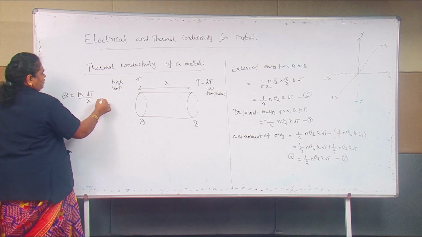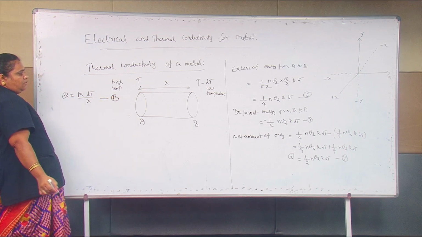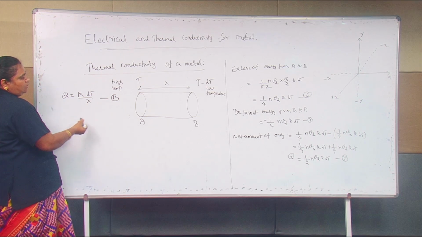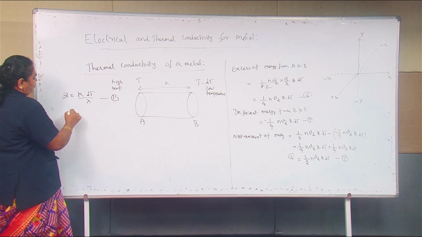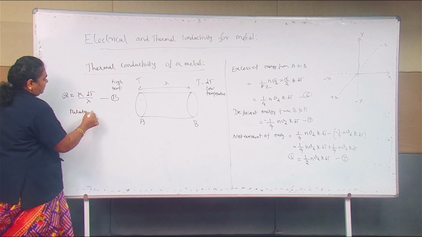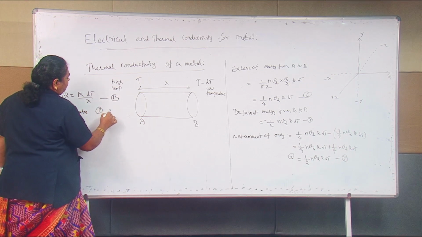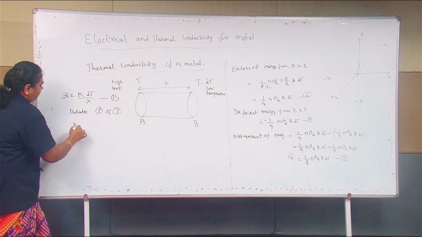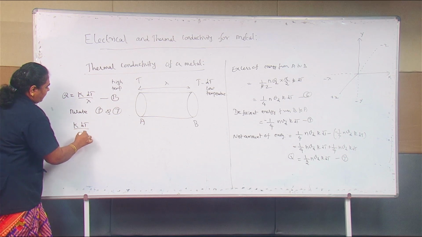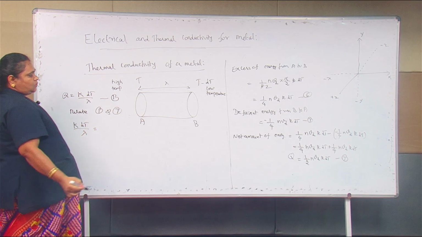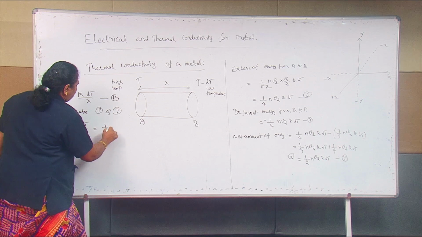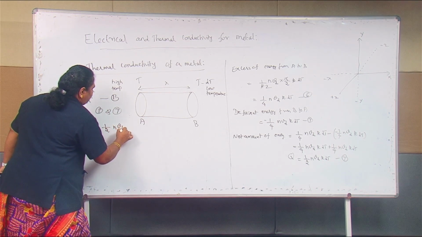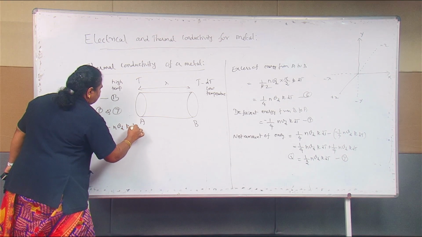This we already know, this is equation number 1. So we relate these two, the amount of heat conduction Q, relating equations 1 and 7. So k into dt by lambda is equal to 1 by 2 n Vd k into dt.